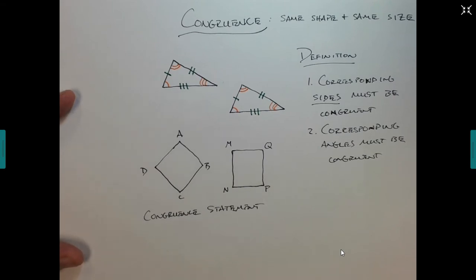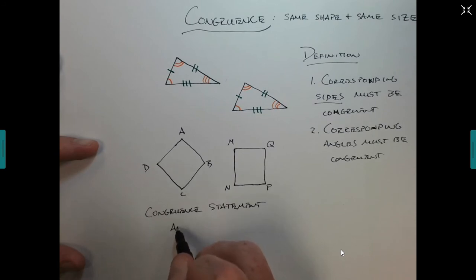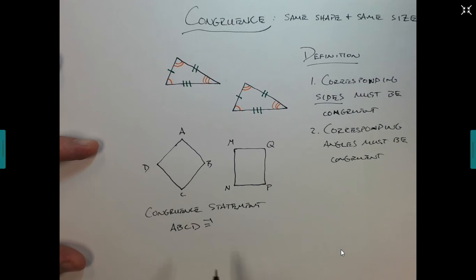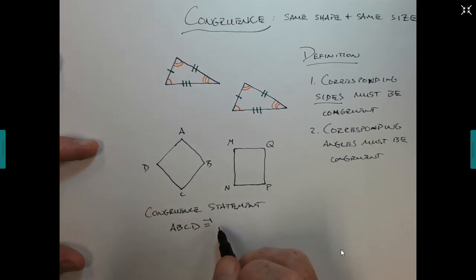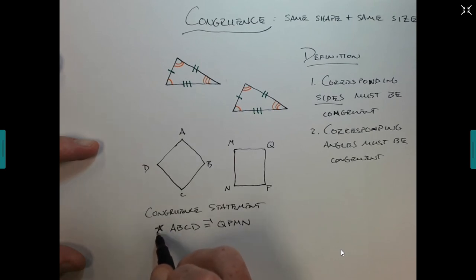A congruence statement will greatly help because the way that we order the letters of each of the shapes is absolutely everything. This is hugely important.